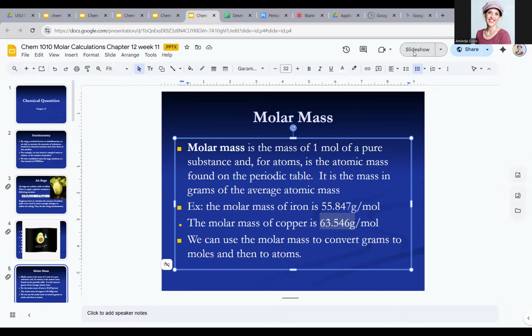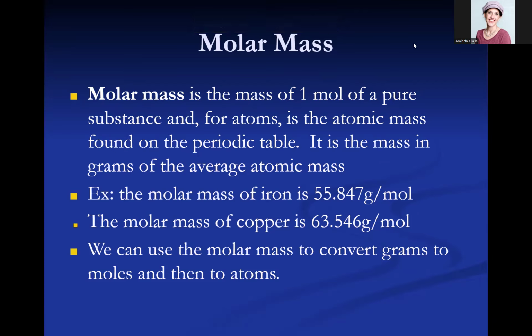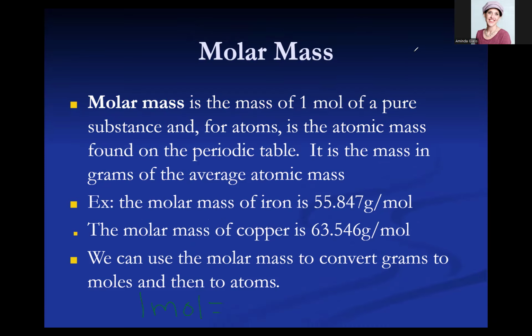And we can use the molar mass to convert grams to moles and then to atoms, because 1 mole equals the molar mass found on the periodic table, which equals 6.02 times 10 to the 23rd atoms or molecules or formula units.